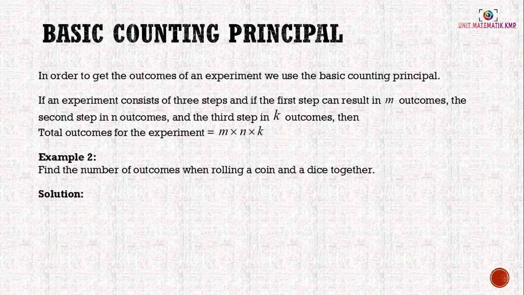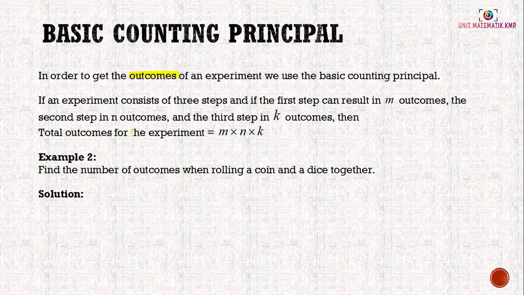Okay, basic counting principle. In order to get the outcomes of an experiment, we use the basic counting principle. Okay, if an experiment consists of 3 steps, and if the first step can result in m outcomes, then the second step is n outcomes, and the third step is k outcomes.